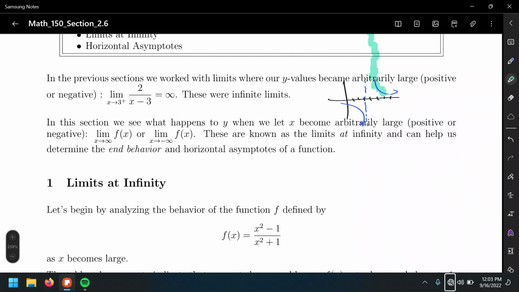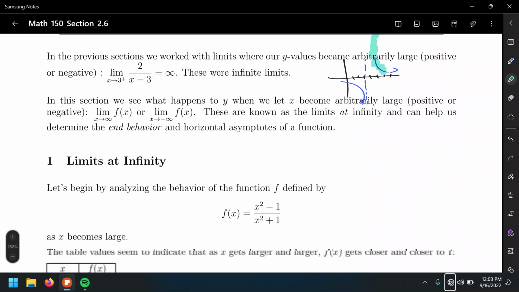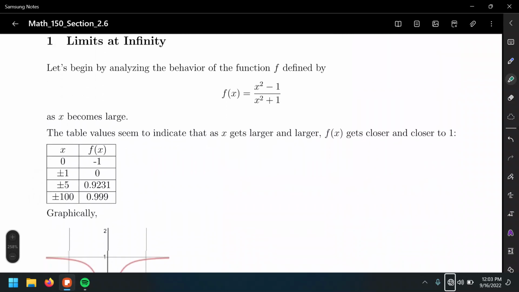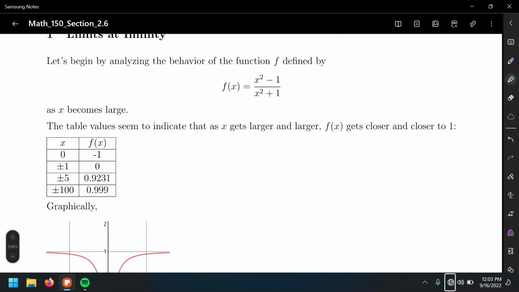Now, let's look at the other kind of limits, that is limits at infinity. So we're going to consider this function right here, f of x equals x squared minus 1 over x squared plus 1. In this case we want to know what's the value of the function for relatively large values of x.